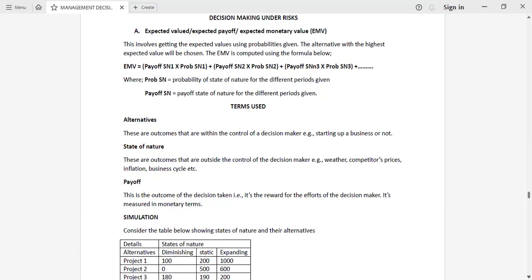We are going to be seeing the terms that we use under decision making under risk. So when you look at the alternatives that we have, we pick the one that has the highest expected value. The expected value is what we were doing under our quantitative techniques, the expected mean. We get the probability, we multiply by the figure they have given to us.